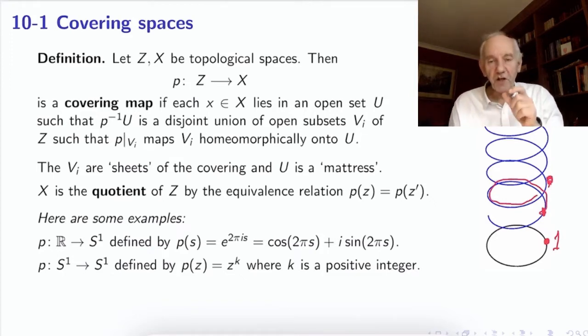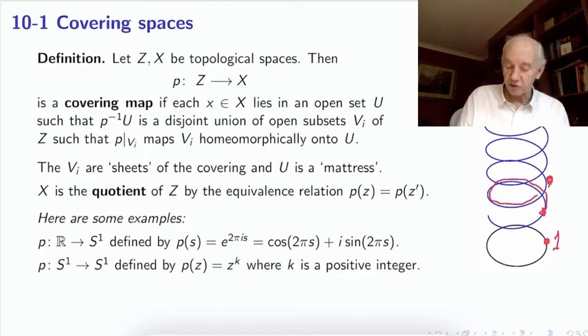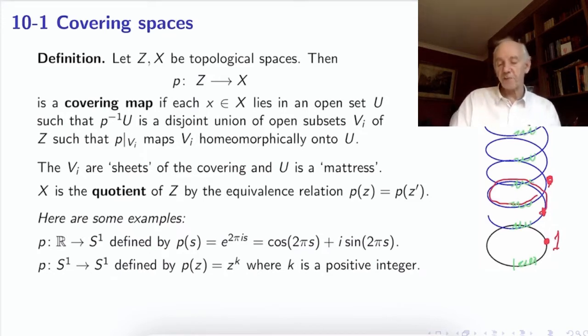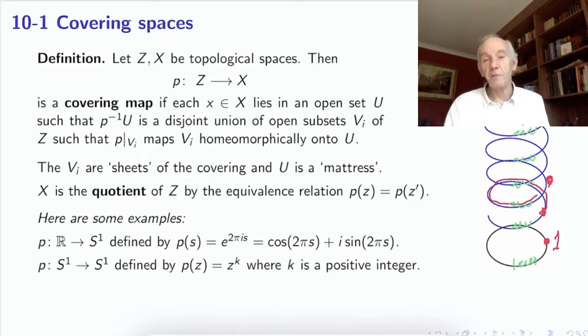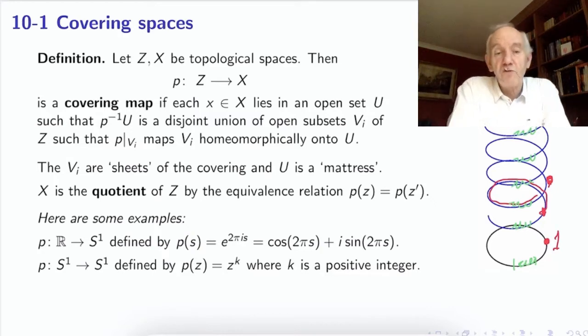But you can see that if you take sufficiently small open sets in the base, for example this open set in the circle around here, then its inverse image will be an infinite collection of open sets, but a disjoint collection of open sets. So that's the notion of a covering.